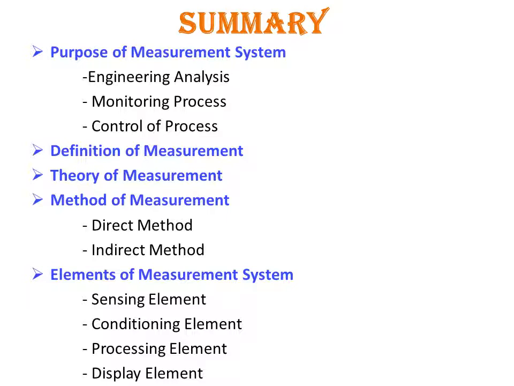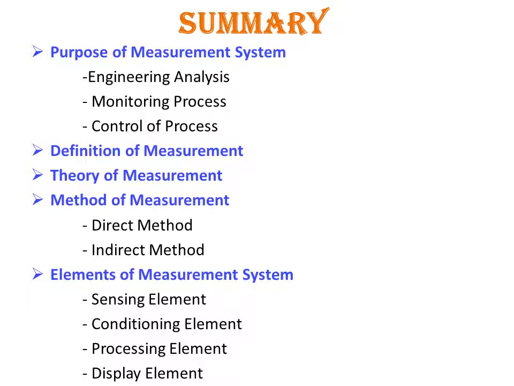Then we saw the definition of measurement, and the theory of measurement, how we map the process or system with the known values. Then we saw the two methods of measurement: direct method where direct comparison is done, and indirect method where we compare with the standard or calibrated system.